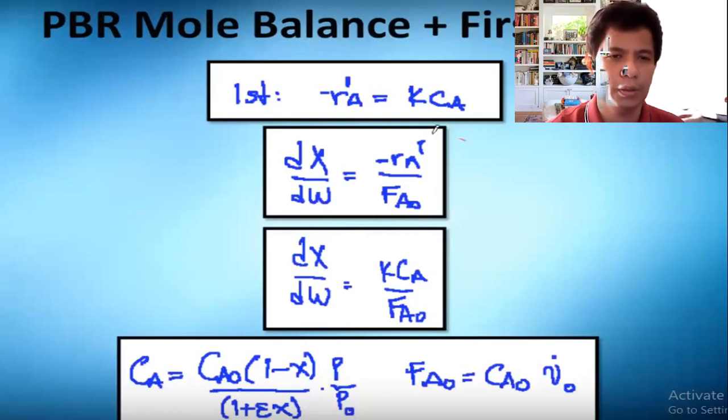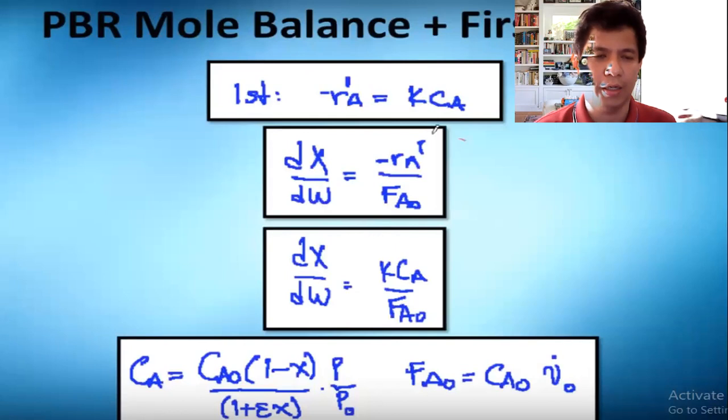Okay, so if you still remember, this is the first equation that we're going to use for PBR calculation or for PBR design. Basically, for PBR, you just need to calculate the weight of the catalyst. And then basically, if you know the density of the catalyst, that's going to be the volume of the Bed Reactor. So, ganun lang kasimple. And then, kung natatandaan nyo, dalawang differential equation lang naman yun.